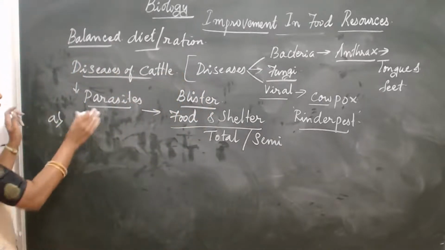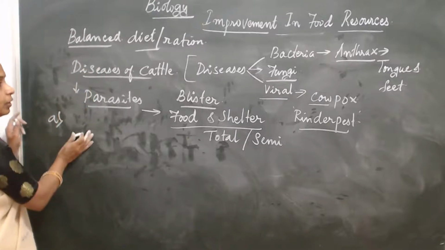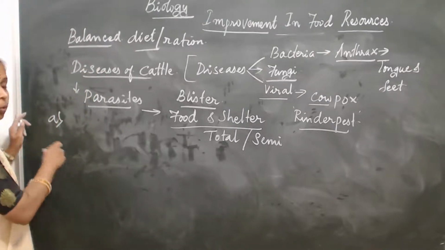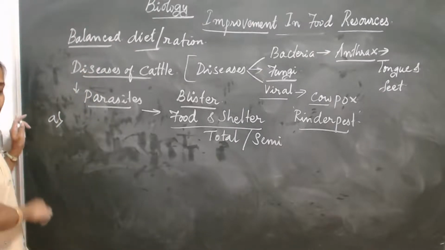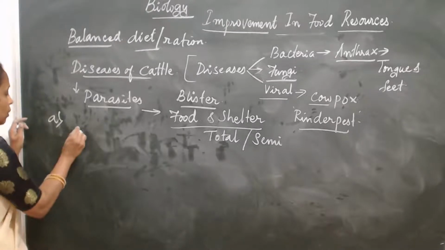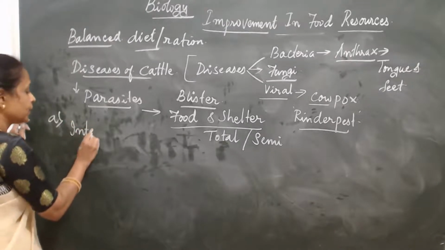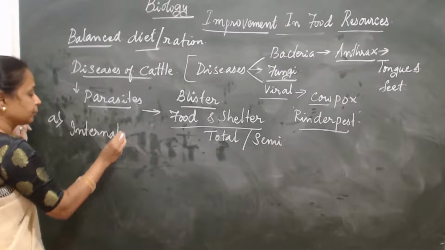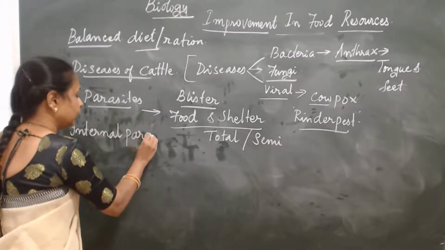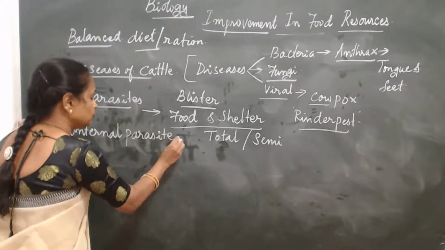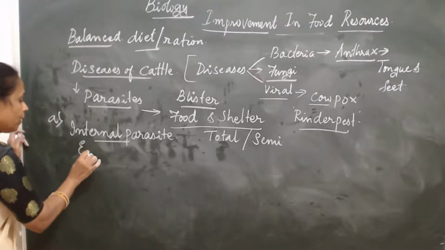We are going for the same thing now. The parasites in case of disease are classified based on whether they are inside the body or outside the body. So internal parasite, the word internal is written as endoparasite.